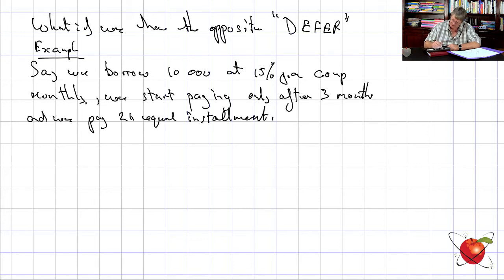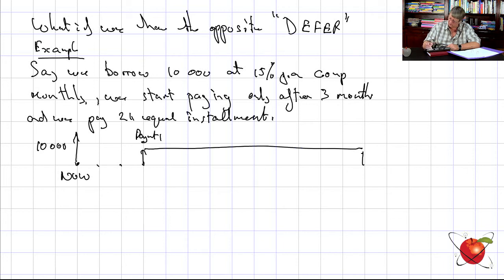So what does it mean? It means that this is now, we borrow 10,000. 1, 2, 3 months. So when do we do our first payment? This is payment 1, and we go all the way through to we pay 24 of them.